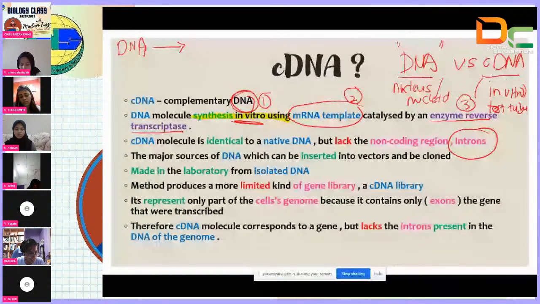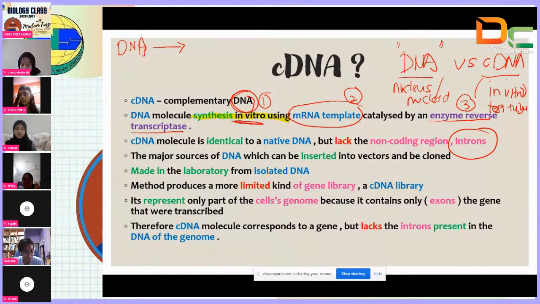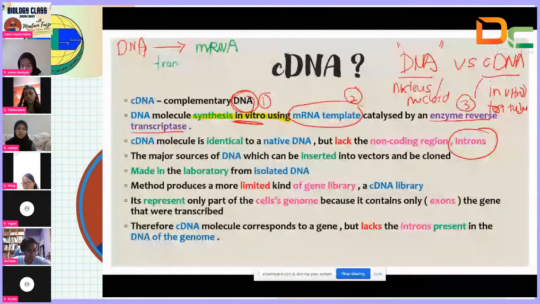Central dogma is a framework for understanding the flow of genetic information between DNA, RNA and protein in living organisms. That is the definition, but teacher wants you to summarize the concept so it can be applied here. DNA, what is the process, Ratika? DNA replication.